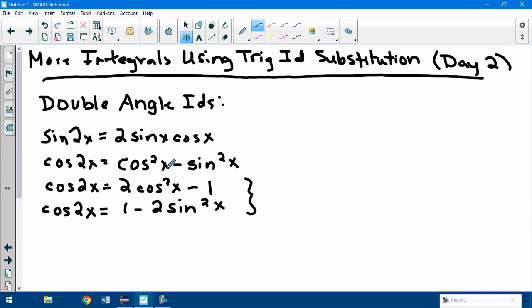What if I wanted to solve this equation right here for cosine squared? So if I get cosine squared of x alone, what would that equal? Well, I could add the 1 over here, so it'd be cosine of 2x plus 1, and then I would have to divide by this 2.